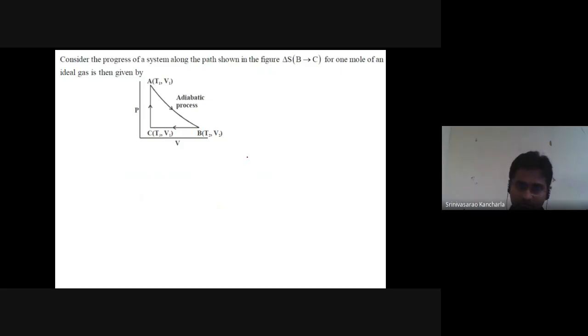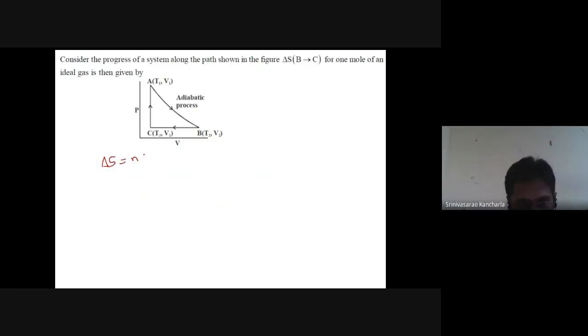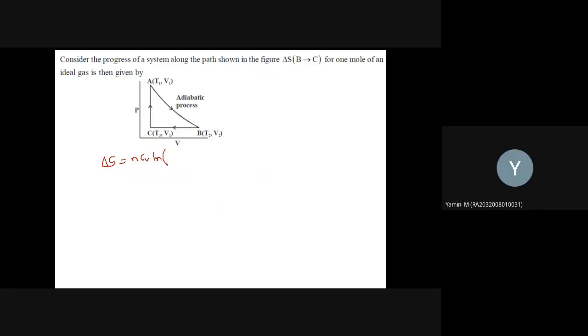First we will discuss the temperature, then the value for delta S. Someone tell the formula that you will use for delta S. Delta S is equal to nCv ln(T2 by T1).